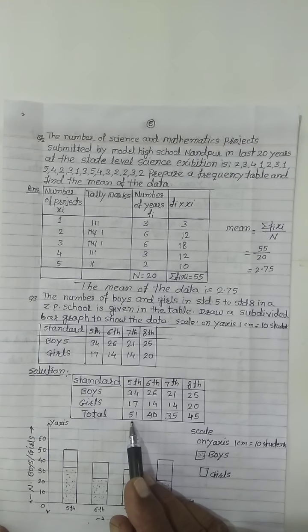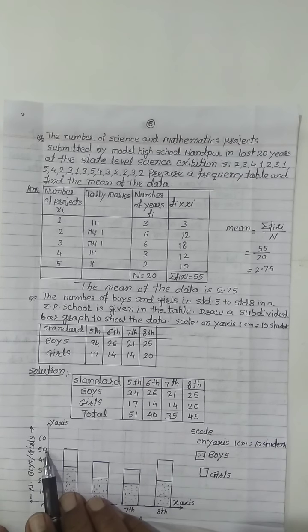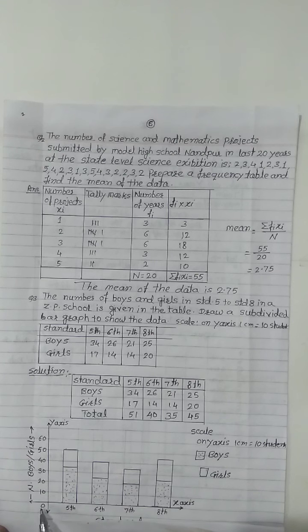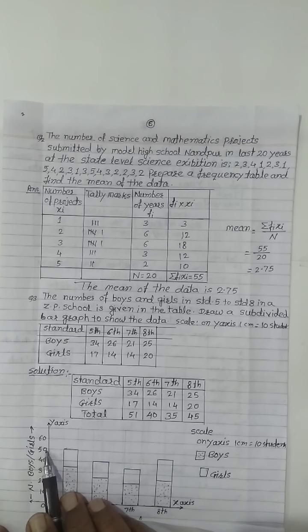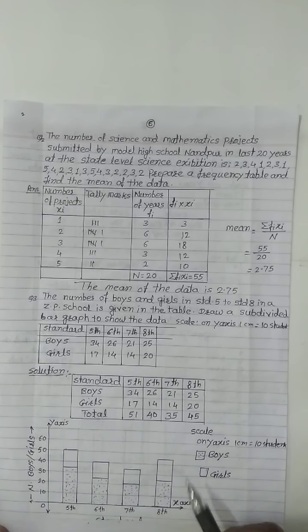Since 51 is more than 50, take a reading on the y-axis above 50 up to 60. Now draw the single bars on the x-axis.